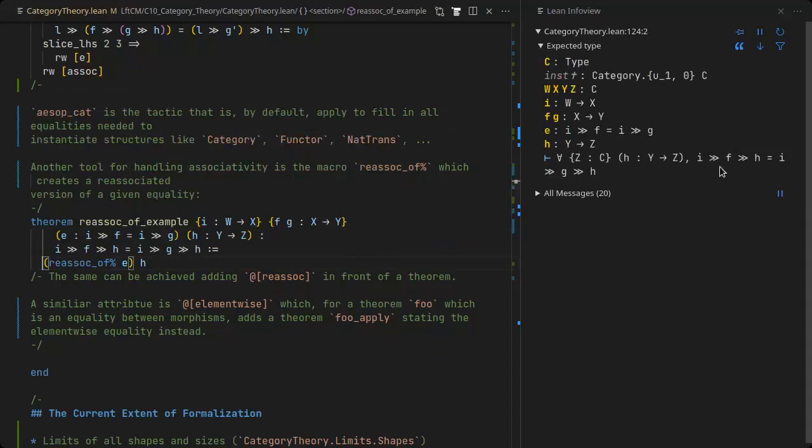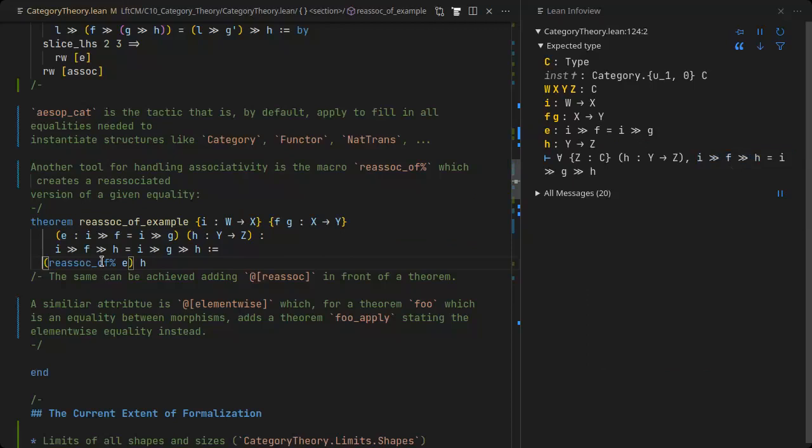For example, here we have something like I composed with F composed with H, and we want to rewrite along this E, and we see that on the left-hand side, the associativity is also the wrong way.